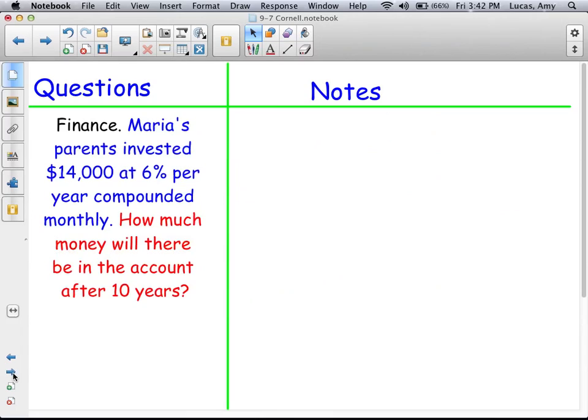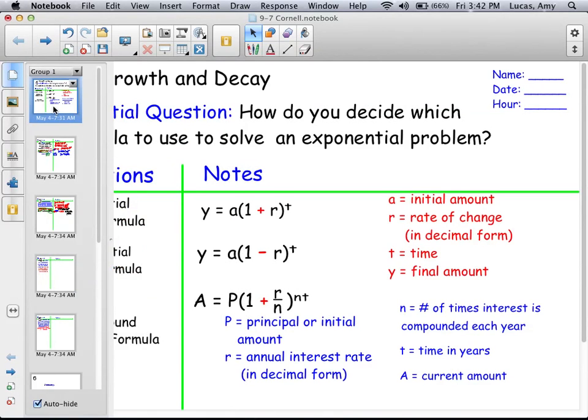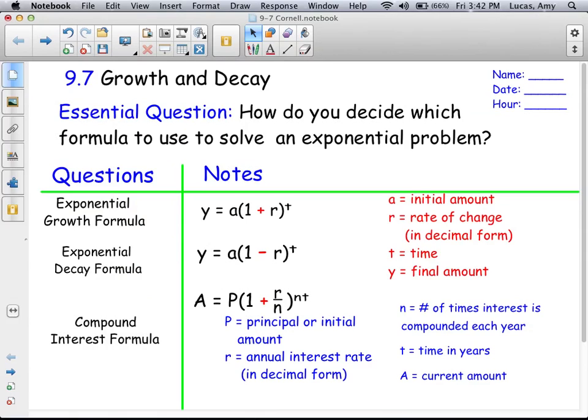Our third example. Maria's parents invested $14,000 at 6% per year, compounded monthly. How much money will there be in the account after 10 years? Well, if we go back to the formulas again, the formula that we need for this one is the compound interest formula.